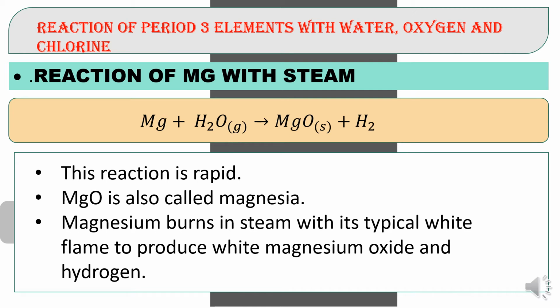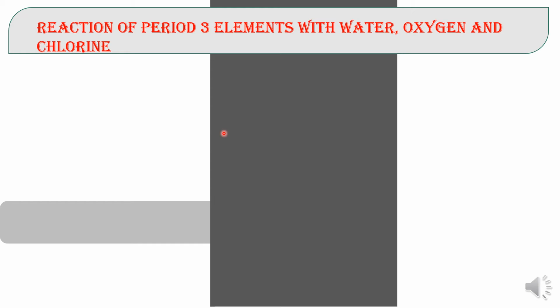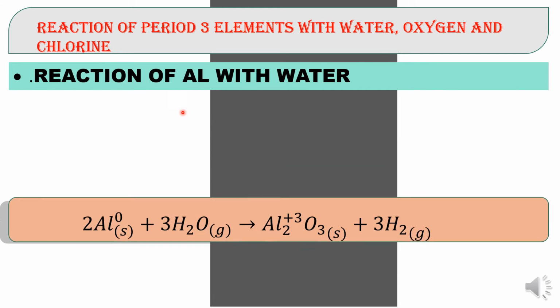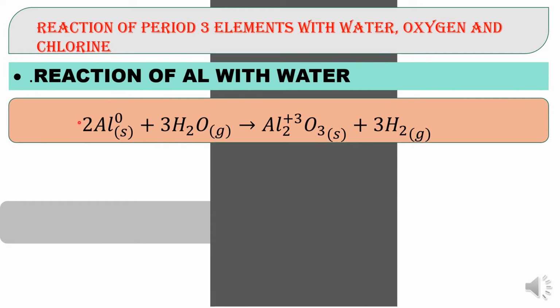Now we will study the reaction of aluminium with water. If we put aluminium metal in water, nothing will happen; the aluminium metal will only settle down in the water and the reaction will not proceed. Aluminium reacts only with steam and when it is in powdered form.